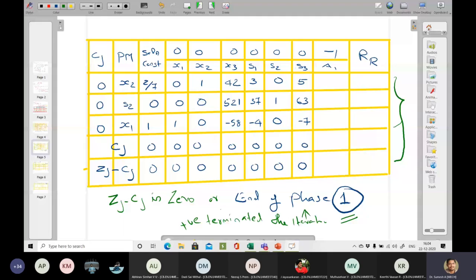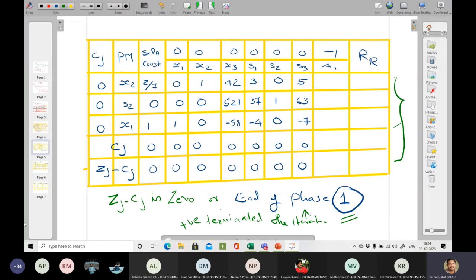From the original problem, we have modified the constraints in such a way that the artificial variable will not exist in my problem. That is why I have removed A1. I didn't even bother to calculate A1 here, and I am going for phase 2. You can calculate it and cross verify also, and you will get 0.